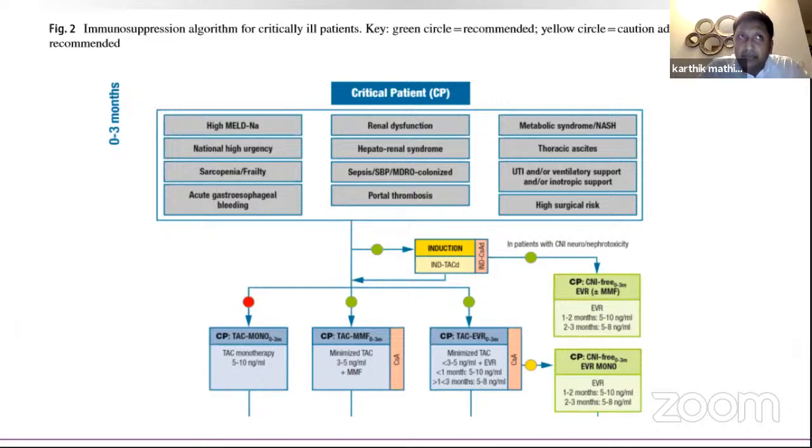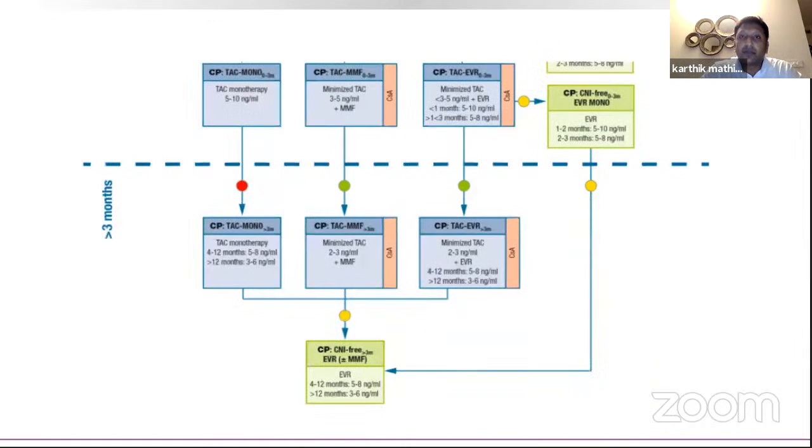In a critically ill patient, especially with high sodium MELD and sarcopenia, believe me, they hardly tend to reject. So always play low, don't keep them at a high TAC level, because highly immunosuppressing them will definitely push them into multiple episodes of sepsis, septic shock, and then eventually we'll lose the patients. So you have to be very careful whenever you have any high-risk or sick patient undergoing transplant.